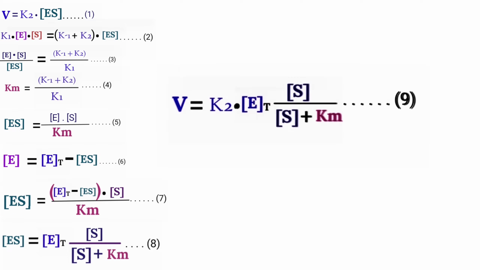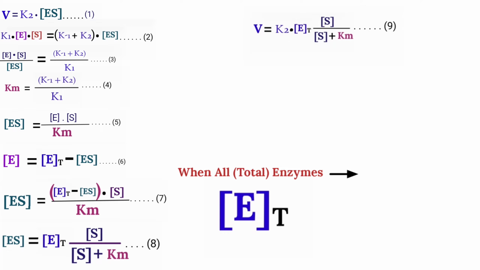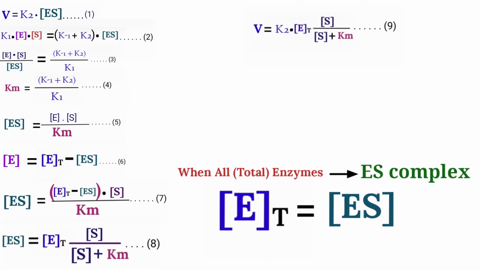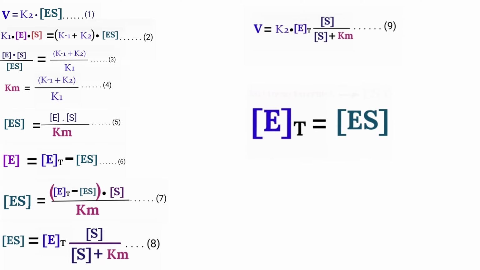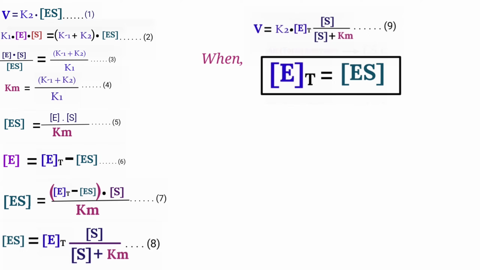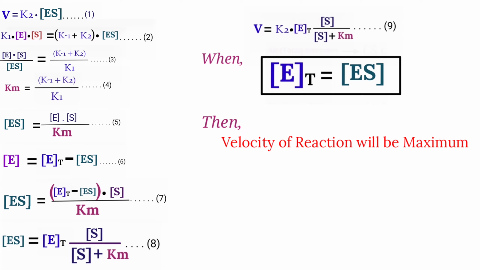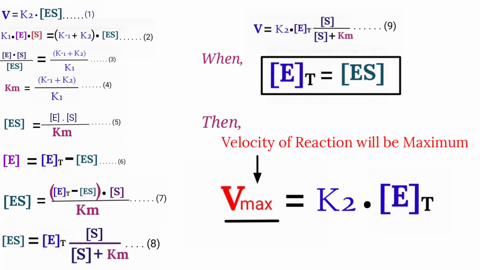So friends, when all enzymes are involved in the formation of the enzyme substrate complex, meaning there are no free enzymes available now, when total enzyme concentration is equal to the enzyme substrate complex concentration, then it is obvious that the velocity or speed of that reaction will be the highest or maximum, and now we can write it as Vmax, or maximum velocity, equal to K2 times total enzyme concentration.